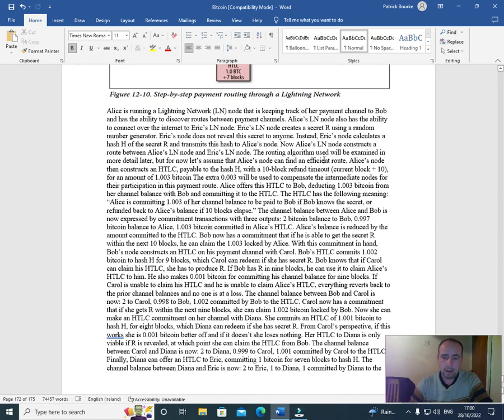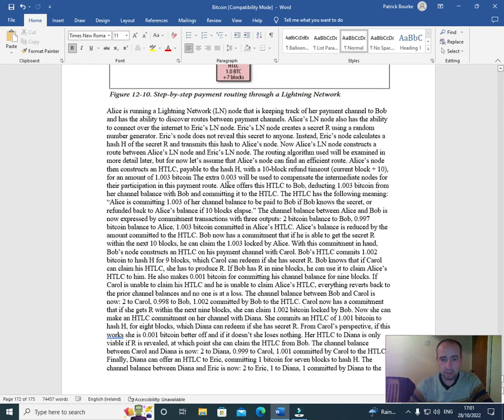The routing algorithm used will be examined in more detail later, but for now let's assume that Alice's node can find an efficient route. Alice's node then constructs an HTLC payable to the hash H with a 10 block refund timeout, current block plus 10, for the amount of 1.003 Bitcoin.